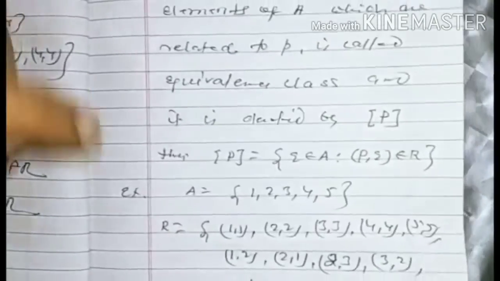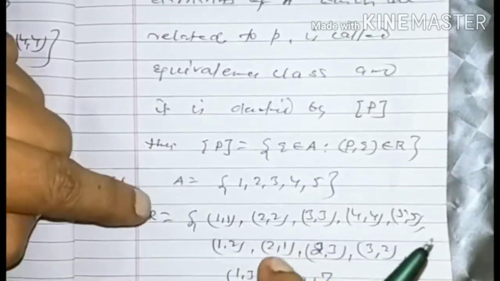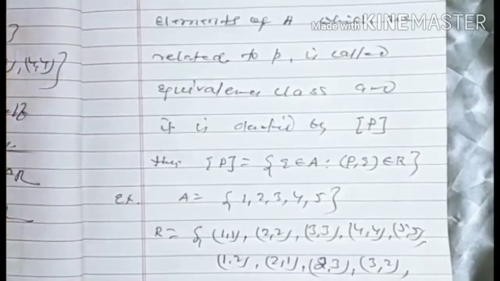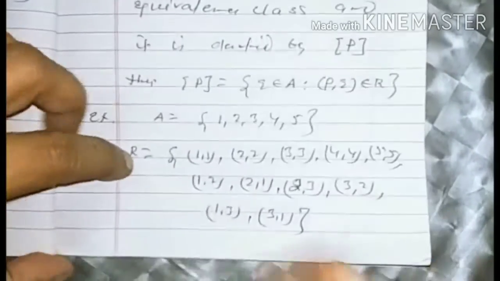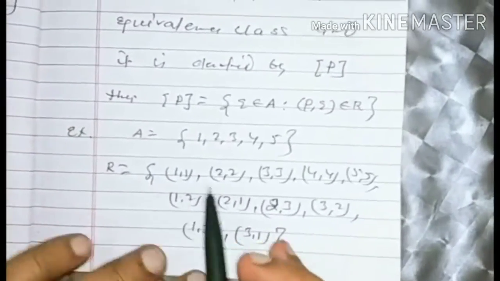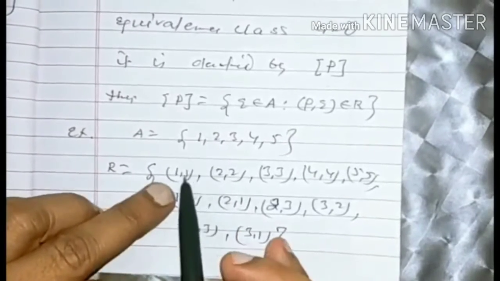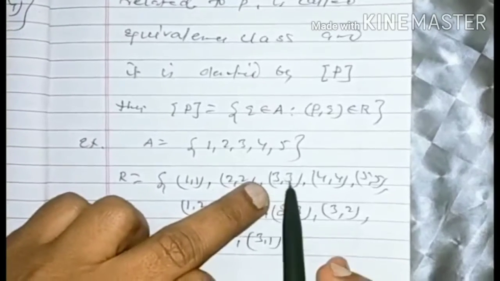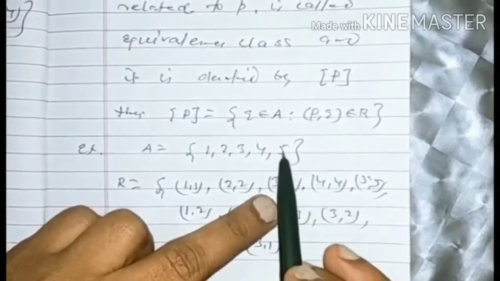First of all, we check whether this relation is reflexive, symmetric or transitive. For reflexive, we see that here 1 is related to 1, 2 is related to 2, 3 is related to 3, 4 is related to 4, 5 is related to 5.